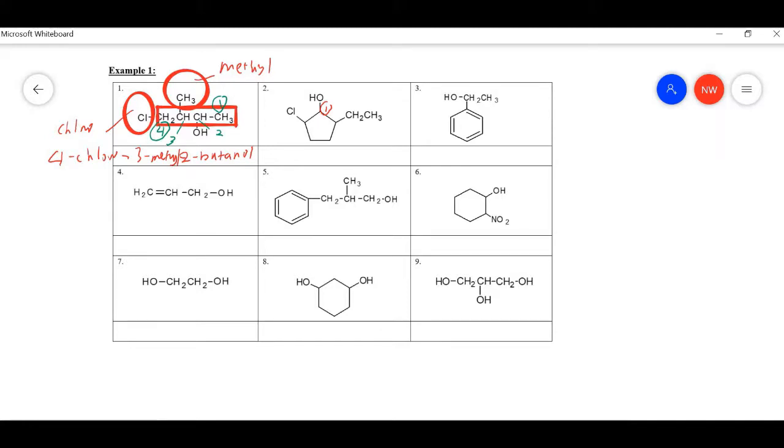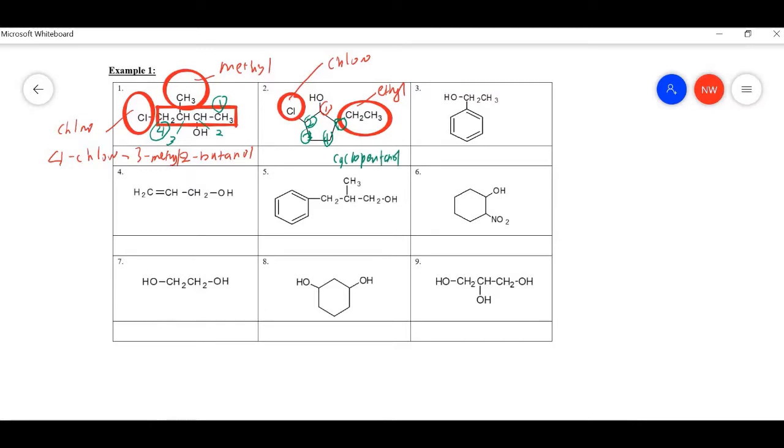Okay, so this one is chloro, so C. This one kita punya, ini adalah ethyl, so ini adalah chloro. So I ikut alphabet, C datang daripada E, so 1 2 3 4 5. So parent name-nya adalah cyclopentanol.